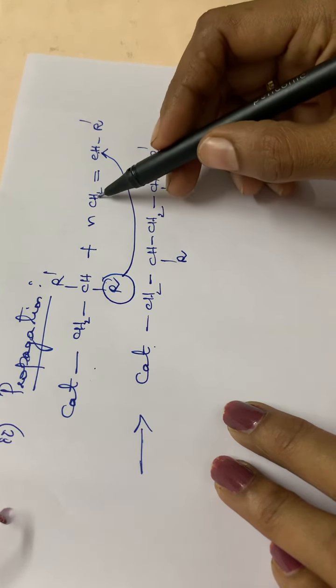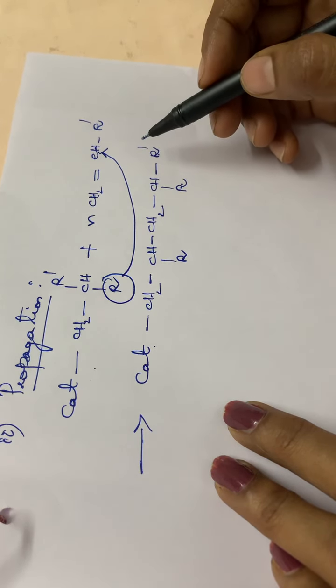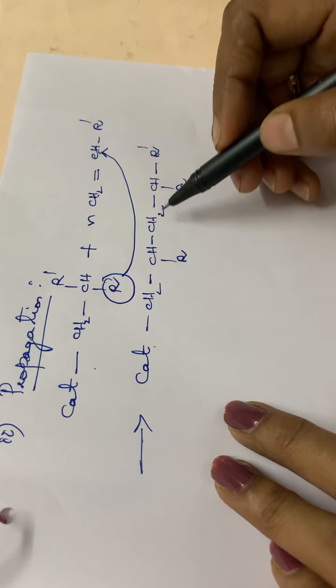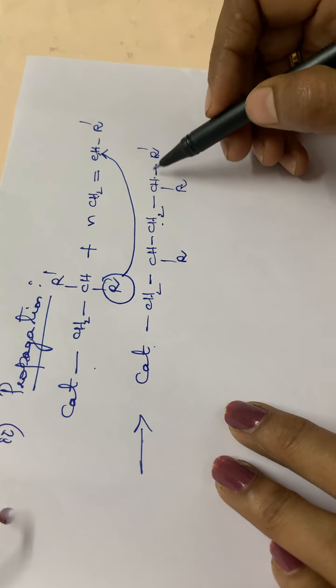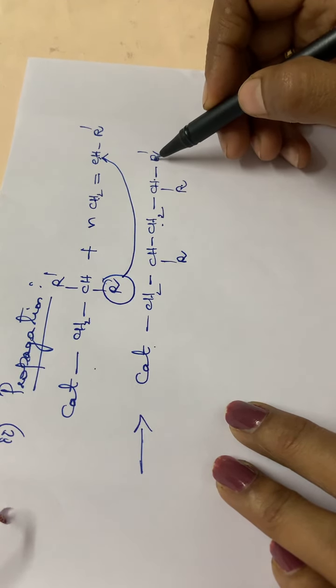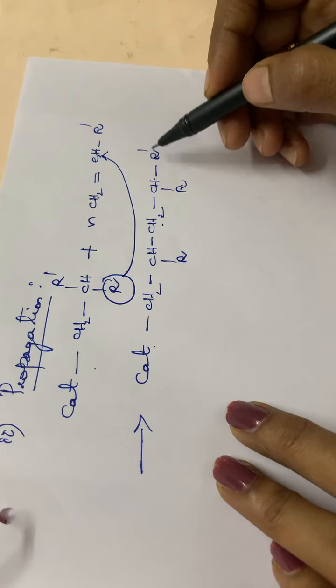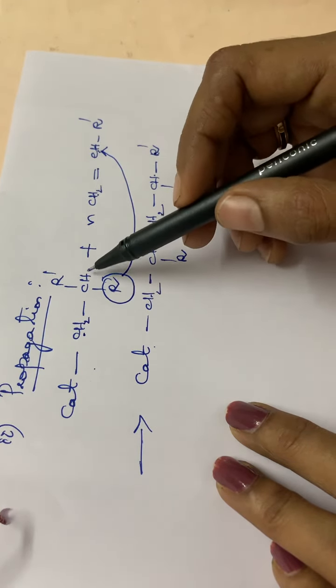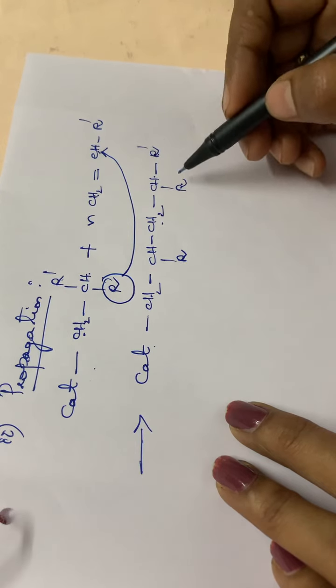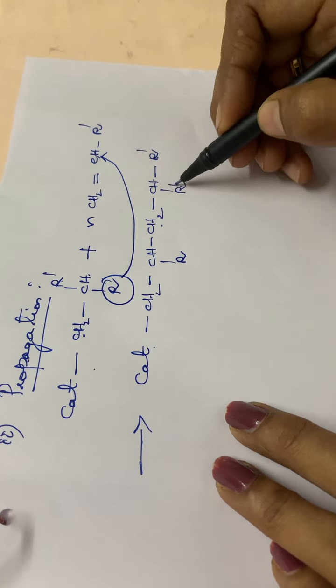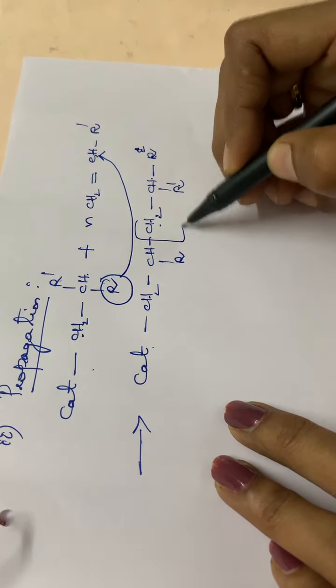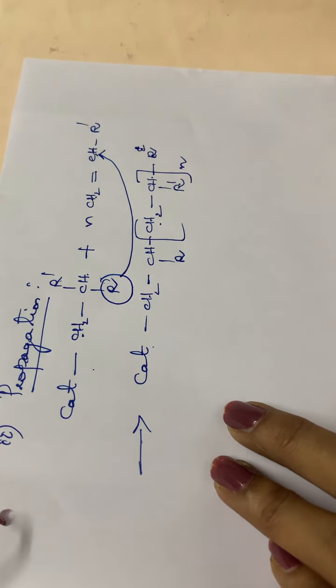Here the repeating unit is CH2, CHR, which is the repeating unit. So I have to write it like this, and then you can put it as N times.